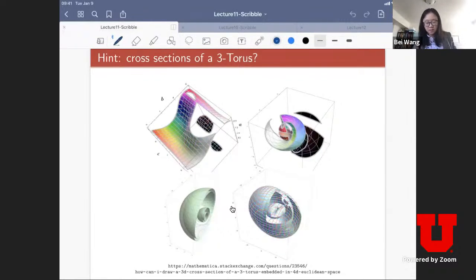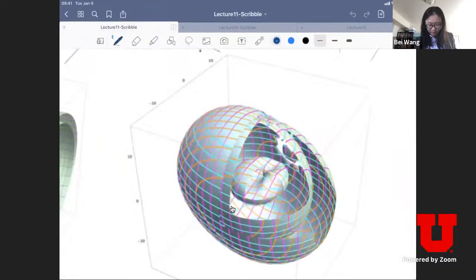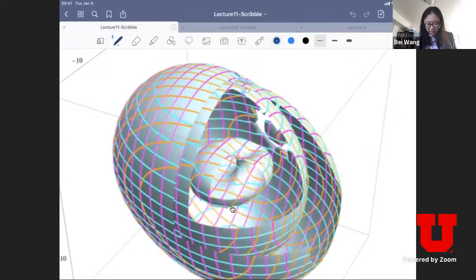This slice is quite interesting, especially this particular slicing of it. It's trying to show you there are multiple 2-dimensional voids. There are 3 2-dimensional voids in the 3 torus, and this actually shows all 3 of them.